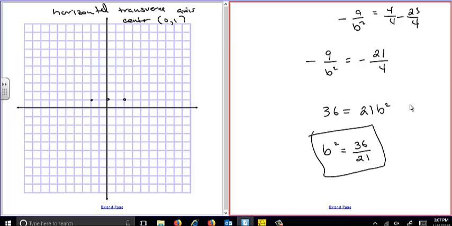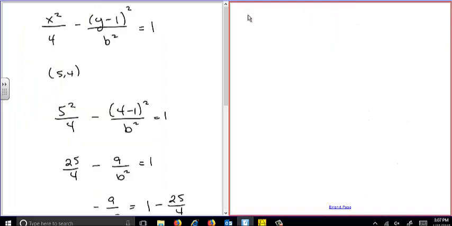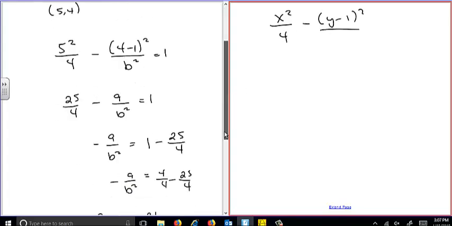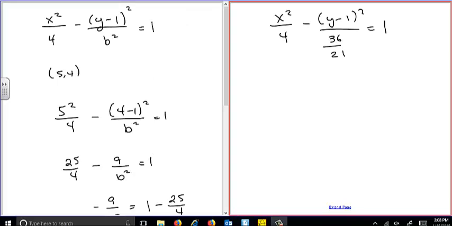So now we can go back to the original equation and replace b squared with what I just calculated, which was 36 over 21, and that equals 1. You can actually simplify this a little bit.